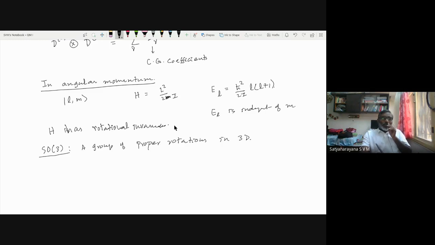Now one can talk about irreducible representations of this group.